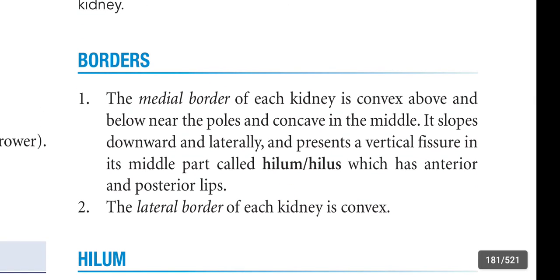It slopes downward and laterally and presents a vertical fissure in its middle part called the hilum or hilus, which has anterior and posterior lips. The lateral border of each kidney is convex.